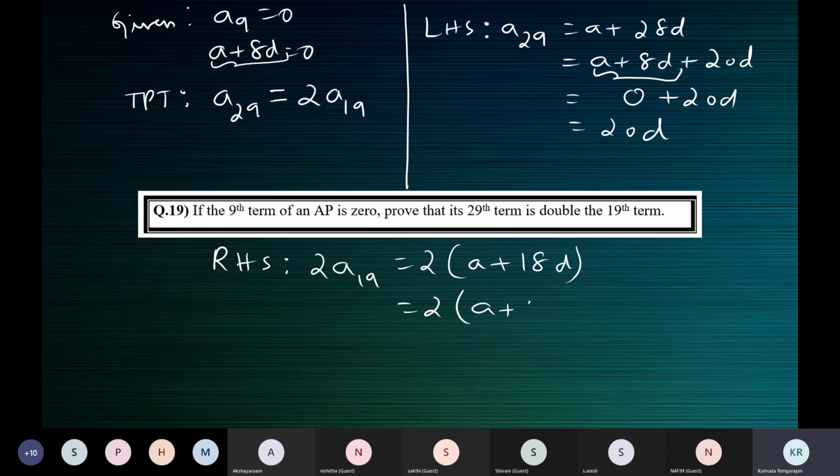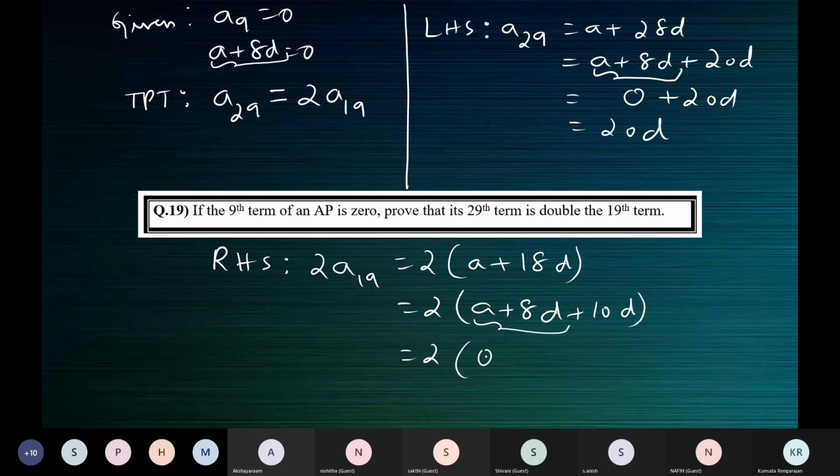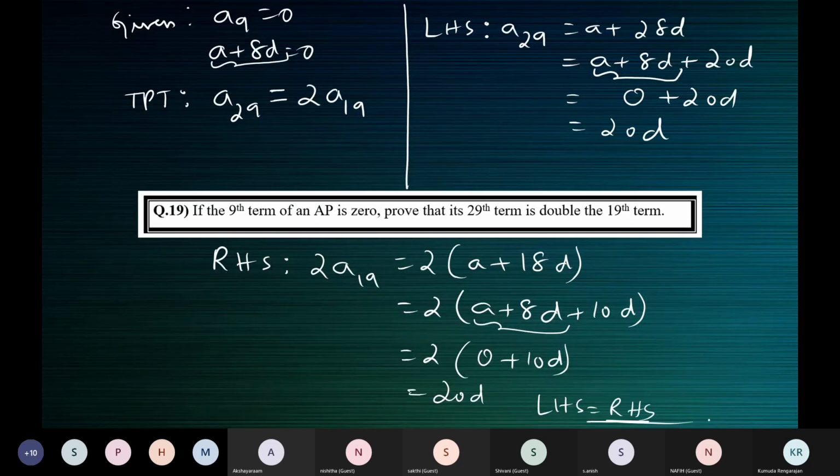So we write it as 8d plus 10d. Yes or no, children? Yes, ma'am.